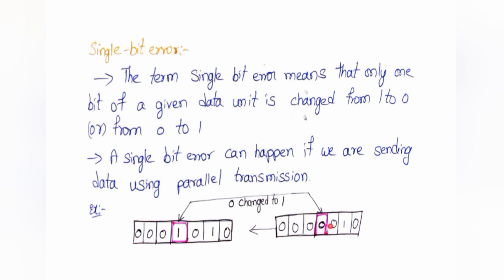Here 0 is changed to 1 at the receiver. When the message is sent from sender to receiver, the message must be the same at both ends. But here it is not happening. There is a change of a single bit in the message, where 0 is changed to 1. So this is a single bit error.